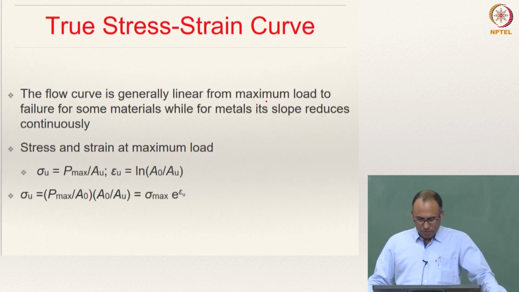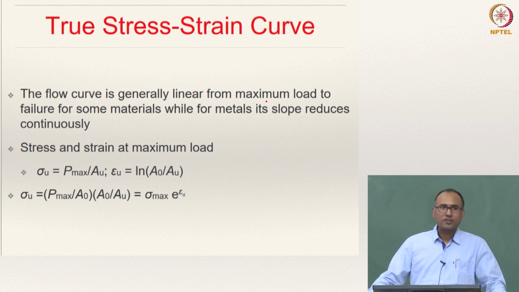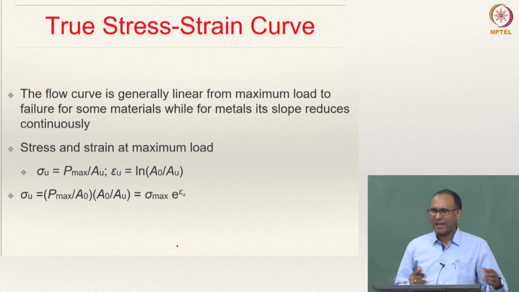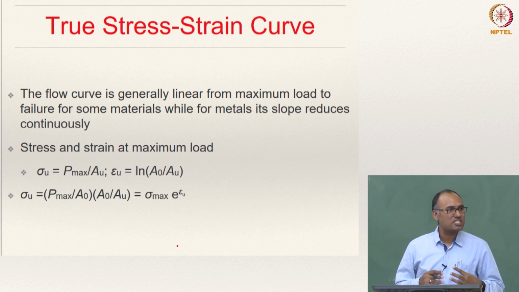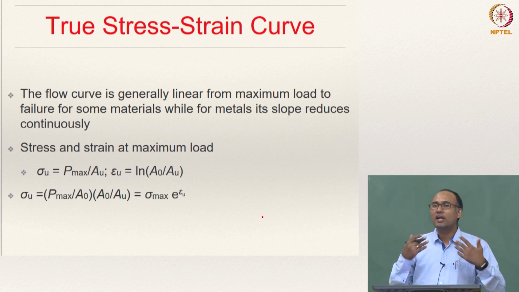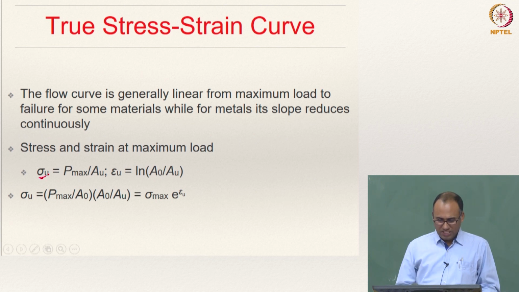Now if you look at the stress at the ultimate point, where the necking is happening, that is the maximum load carrying capacity of the material, right. It cannot hold any stress beyond that value. After that, actual failure is happening. That is why it is called the ultimate strength of the material. So the ultimate stress sigma u is P max by A u, where A u is the area corresponding to the onset of necking.